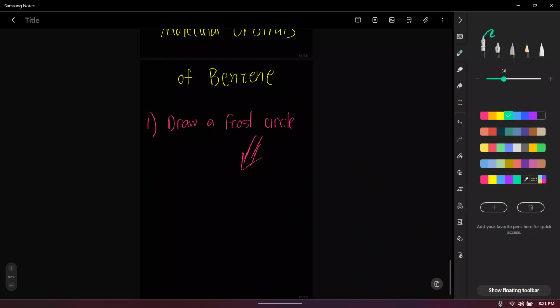So when you're drawing a Frost circle, the first thing that you're going to do is draw a circle. That's pretty easy, right? Hopefully everyone can draw a circle, okay?